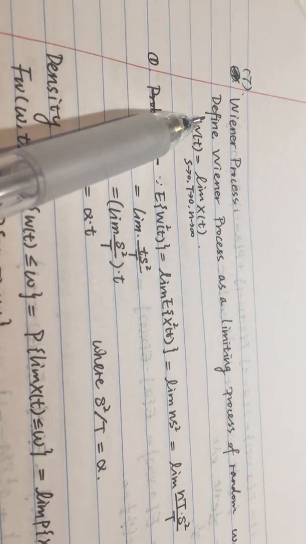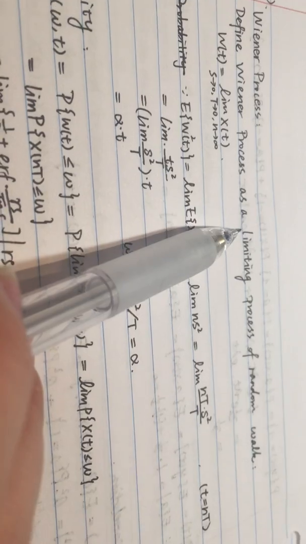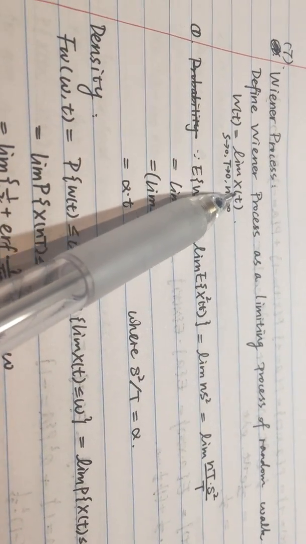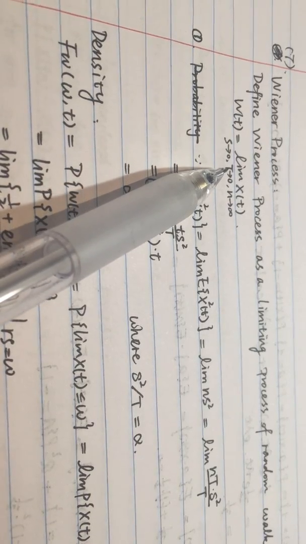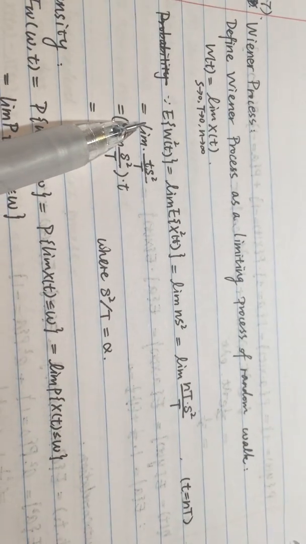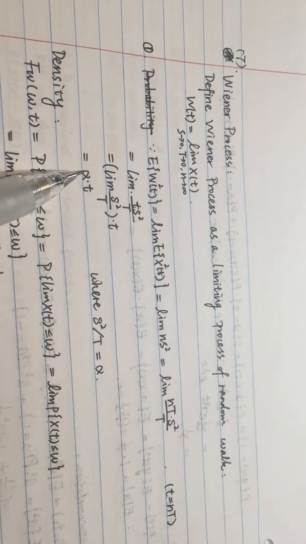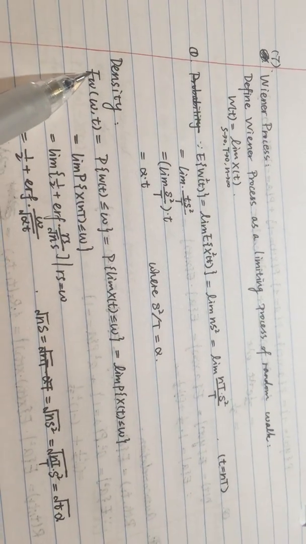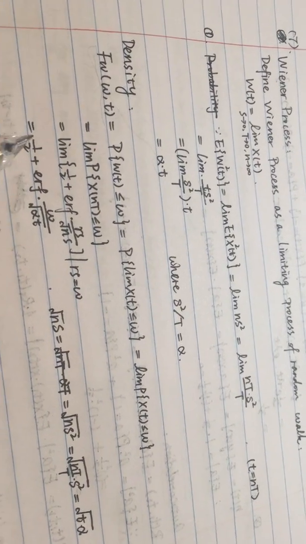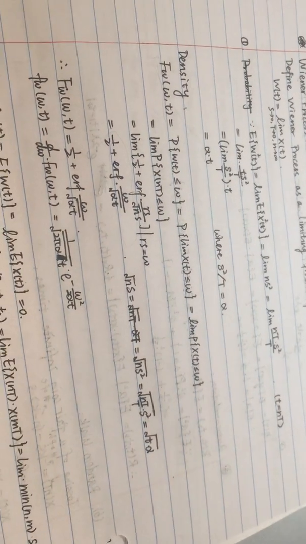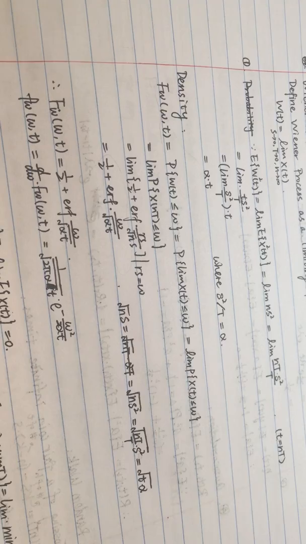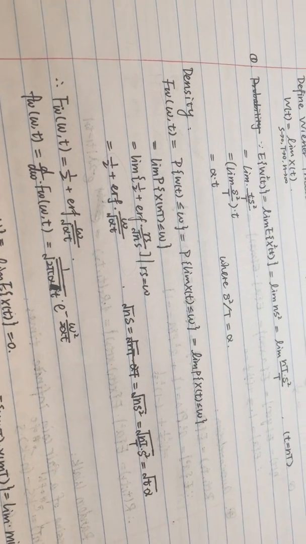Wiener process. We define the Wiener process as a limiting process of the random walk: W(t) equals the limit of X(t), with s going to 0, T going to 0, and n going to infinity. The density F(w, t) equals 1/2 plus erf multiplied with w over square root of alpha t.